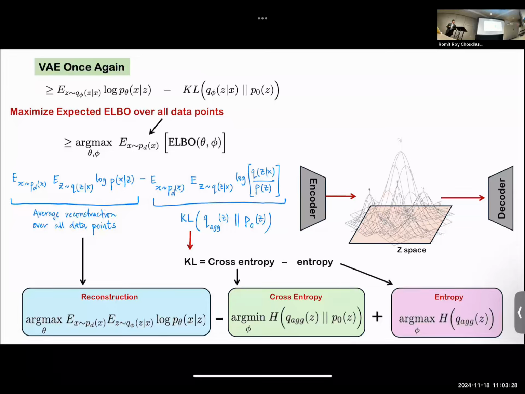But we have a lower bound on it, and we want to maximize that lower bound. That lower bound, if you do the math, which we have skipped, consists of 3 terms. One is the reconstruction, which means the decoder has to reconstruct the cat. And then there's a KL divergence. KL divergence can be broken up into cross entropy and entropy.